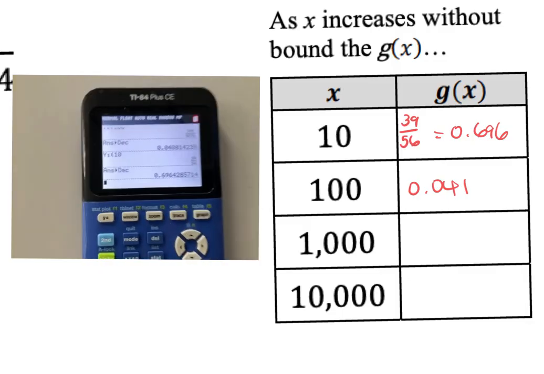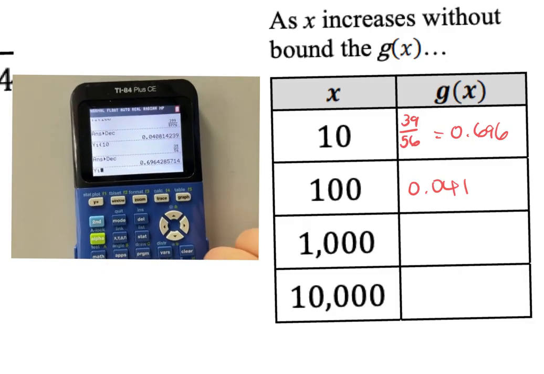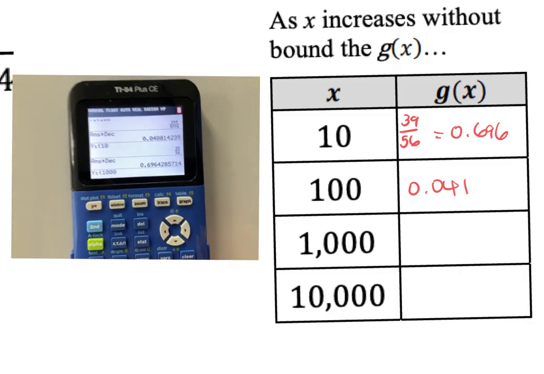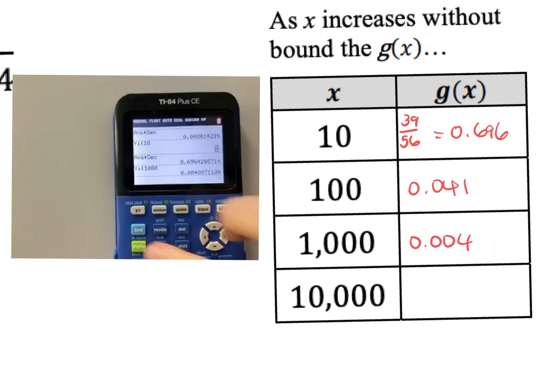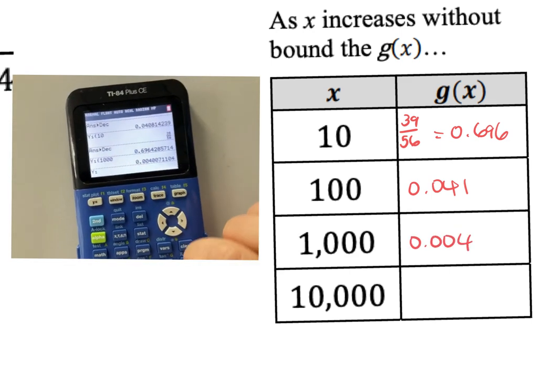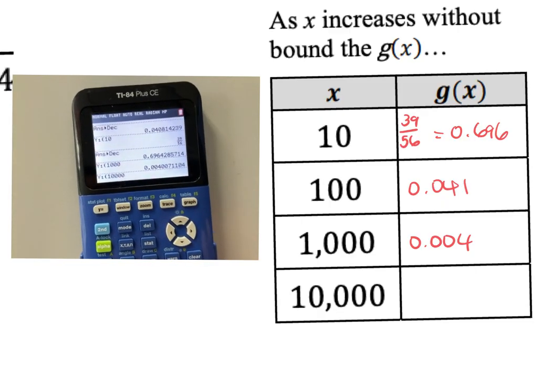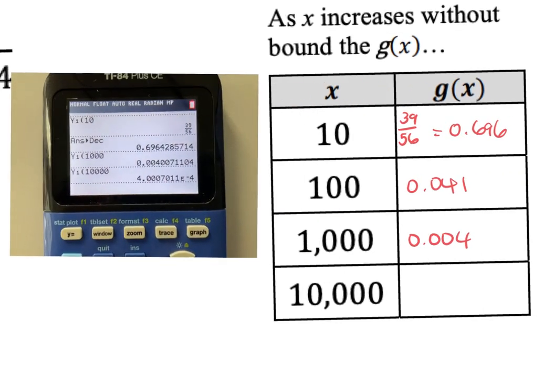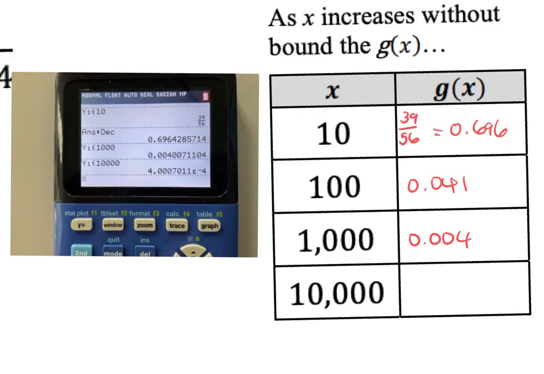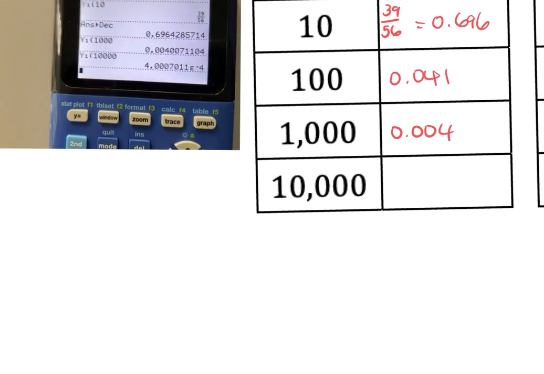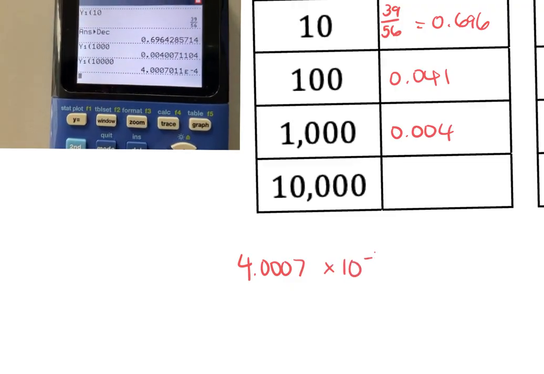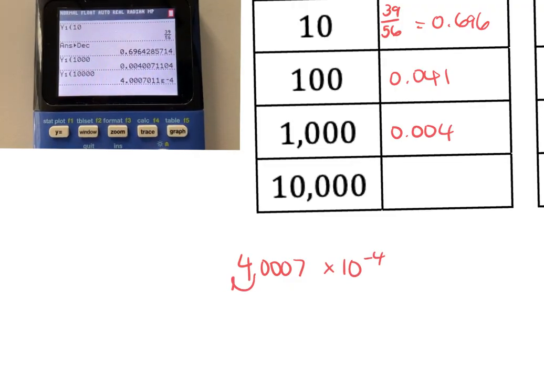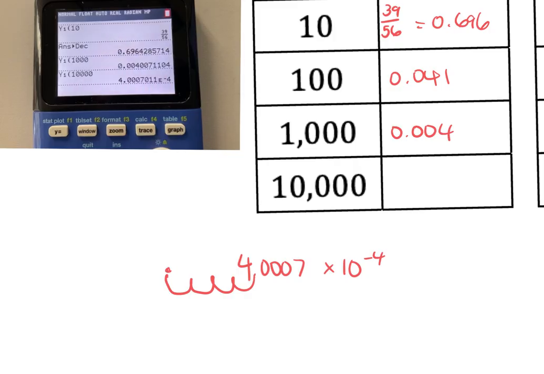Okay, Y1, 1,000, 0.004, Y1, 10,000, and I get 4.007 e to the negative fourth. Remember, this is like saying 4.0007 times 10 to the negative fourth, which means 1, 2, 3, 4 places back.